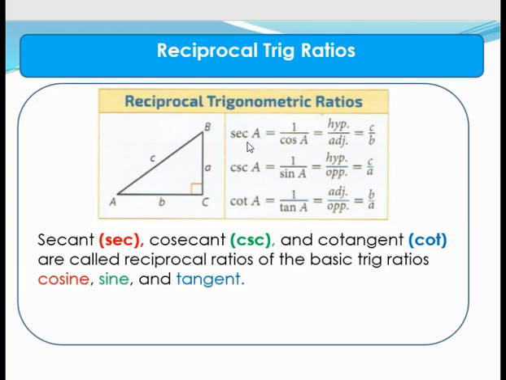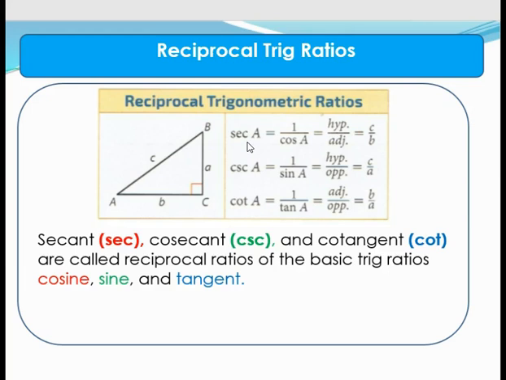Those reciprocal ratios are called secant, cosecant, and cotangent. Secant is the reciprocal of cosine, cosecant is the reciprocal of sine, and cotangent is the reciprocal of tangent.